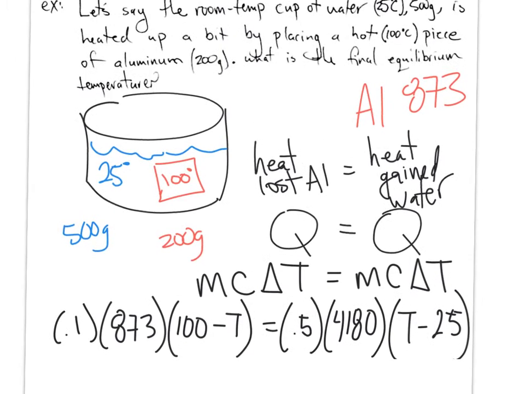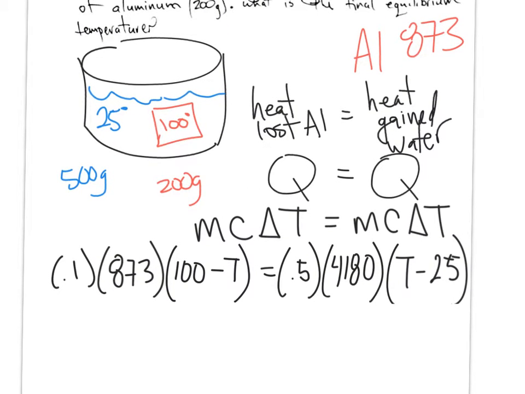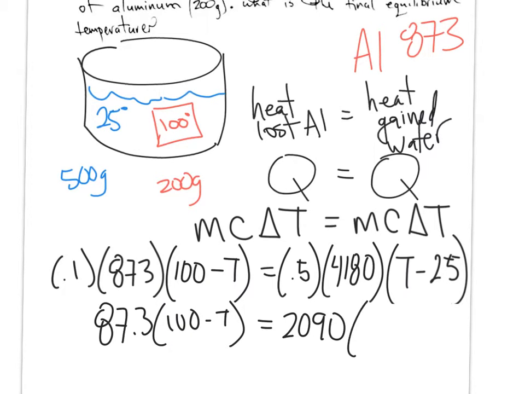So once we have that equation, again, we're solving for T. This is the equilibrium temperature, what these two will end up at, and we're assuming that this is perfectly insulated. But let's see. When we multiply, this becomes 87.3 times (100 minus T), and half of 4180 is 2090.